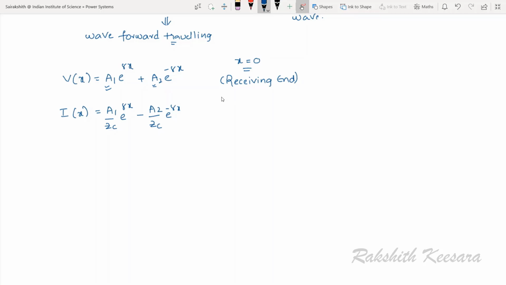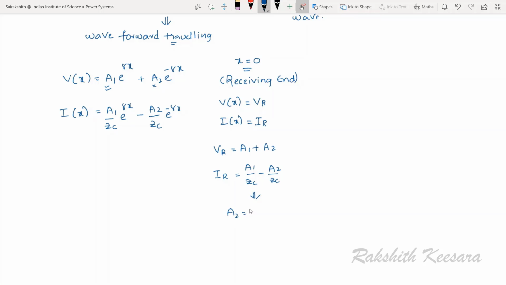So what will be my equations? V of x will become VR and I of x will become IR. So the equations will be VR is equal to A1 plus A2 and IR is equal to A1 by ZC minus A2 by ZC. Let me find A2 from this.